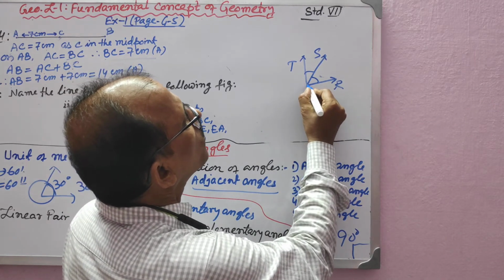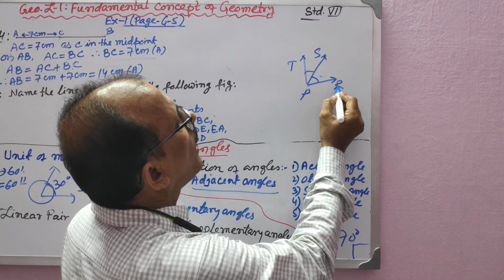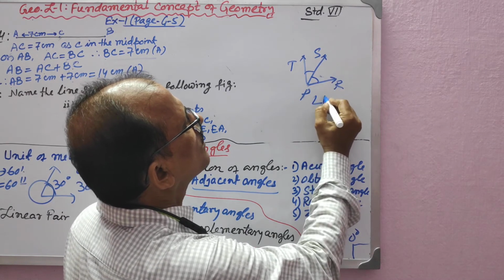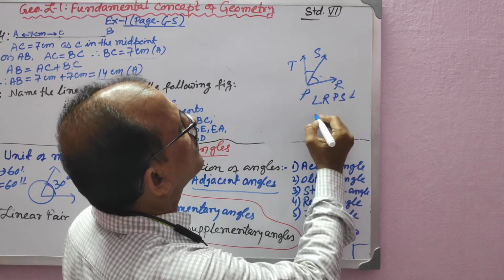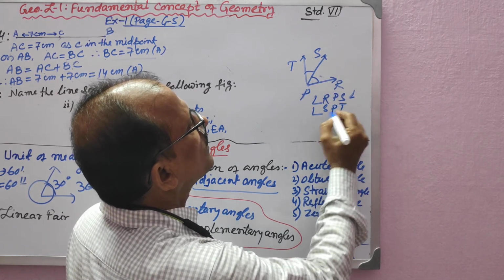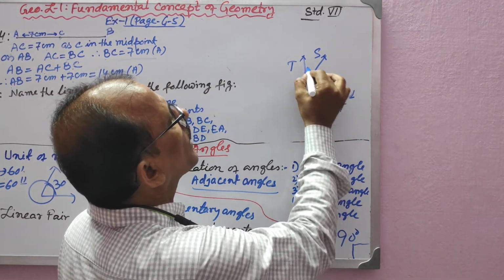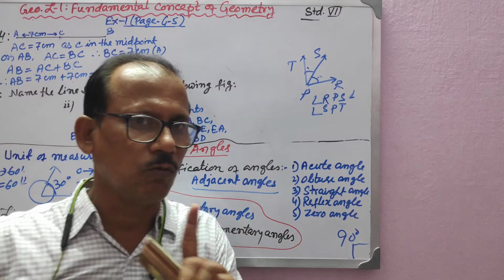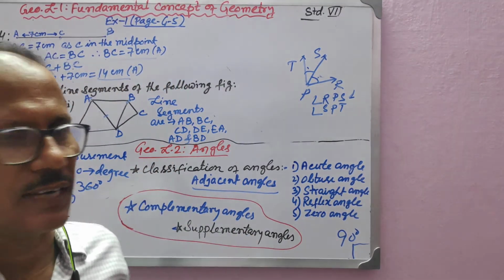So angle RPS and angle SPT have a common vertex which is called P. So these two angles are called adjacent angles, which have only the vertex common for both the angles.